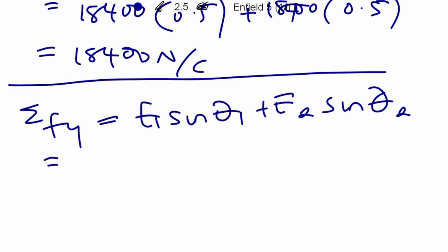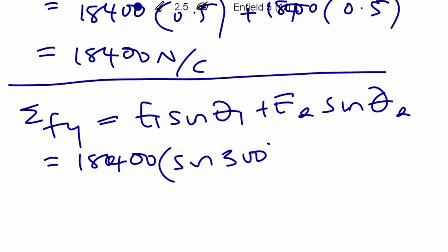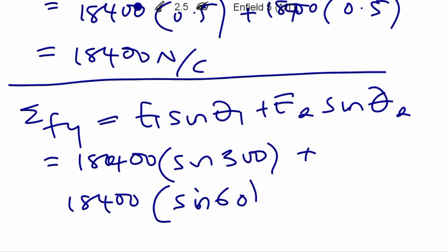This equals 8400 times sine of 300 plus 8400 times sine of 60 degrees.